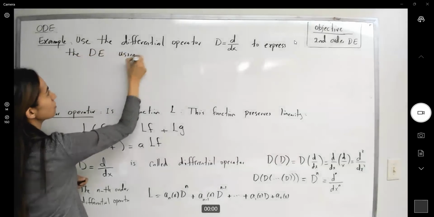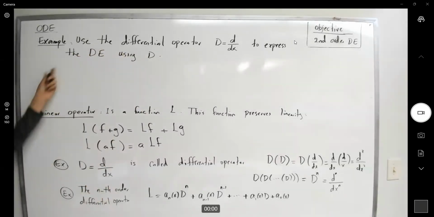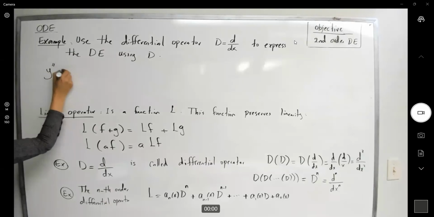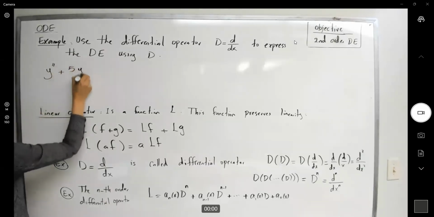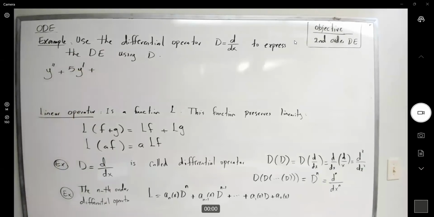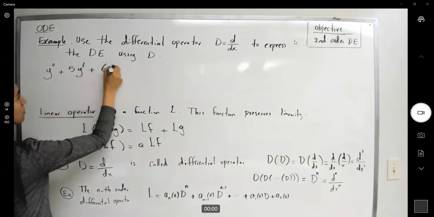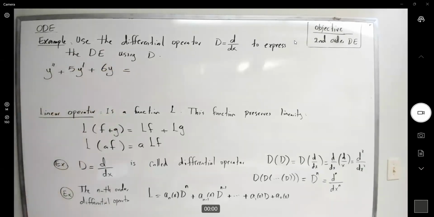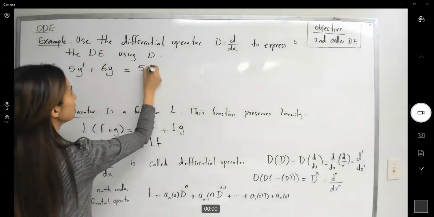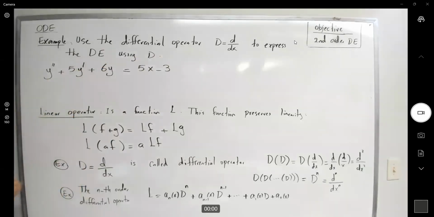The given differential equation is the second derivative of y plus 5y prime plus 6y, which on the right hand side is equal to, this is a non-homogeneous differential equation, 5x minus 3.